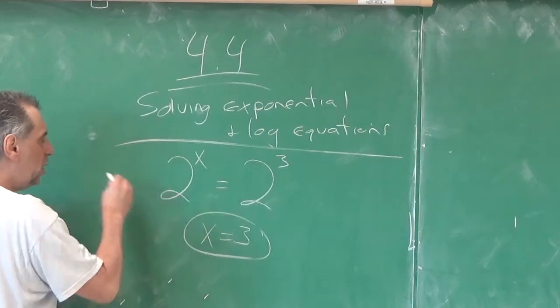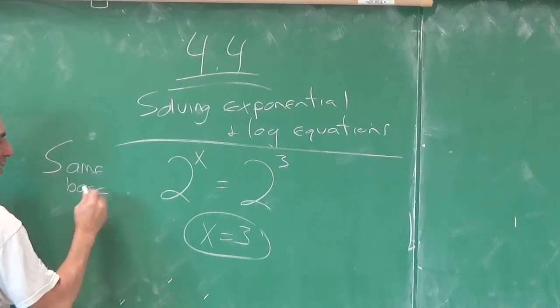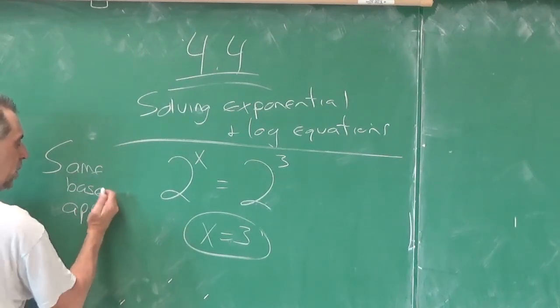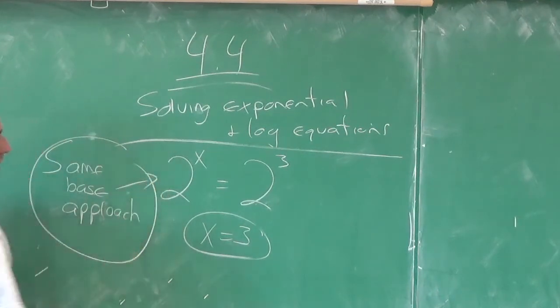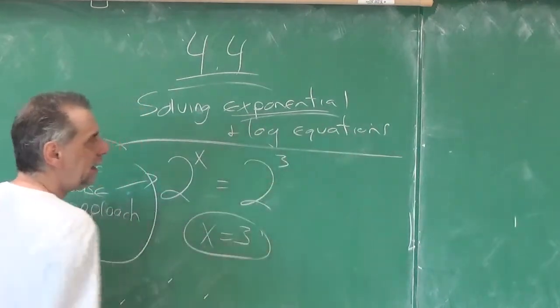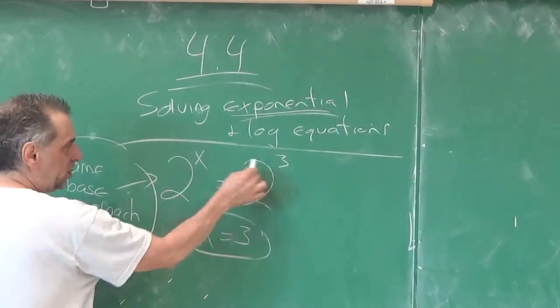So this is what we call the same base approach. And again, this is the simplest idea of this. We'll look at some that are a little bit more involved. But this is what we call the same base approach. Since we're looking at an exponential equation, the unknown is going to be in the exponent.